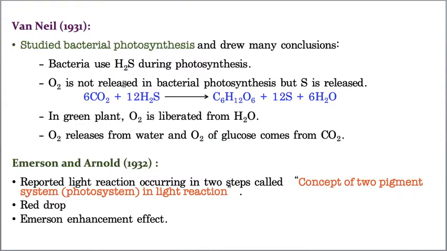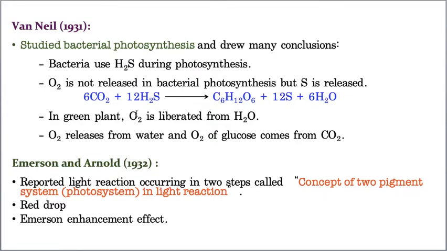Oxygen is not released in bacterial photosynthesis, but in the place of oxygen, sulfur is released. See, 6CO2 plus 12H2S produces C6H12O6. Just now I told you, in the place of oxygen sulfur is released. See, sulfur is released along with 6H2O.